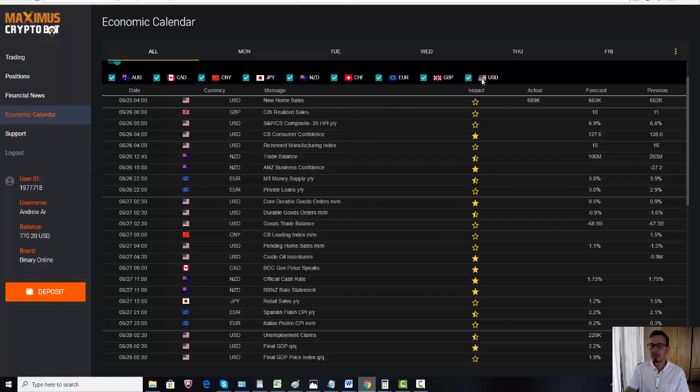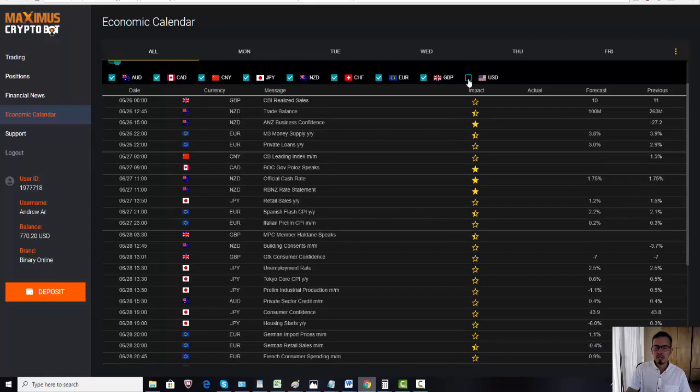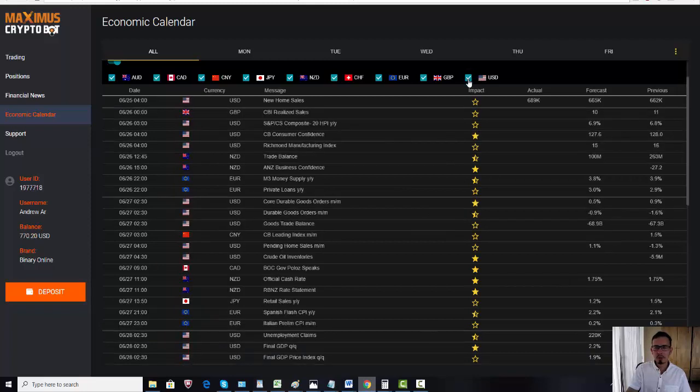Because if you switch off the USD currency news, that's really risky, because whether you like it or not, the USD currency can affect all the other currencies globally. USD is one of the, if not the strongest currency in the world.